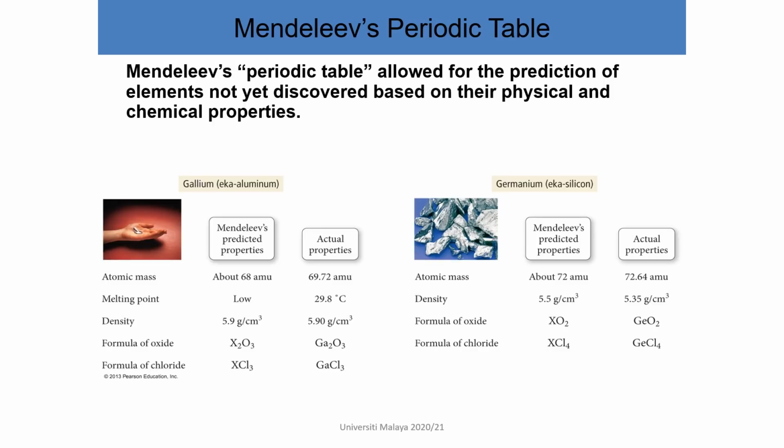Mendeleev's periodic table allowed for the prediction of elements not yet discovered based on their physical and chemical properties. For example, Mendeleev already predicted gallium and germanium, and finally these elements were found later containing the properties as predicted by Mendeleev.